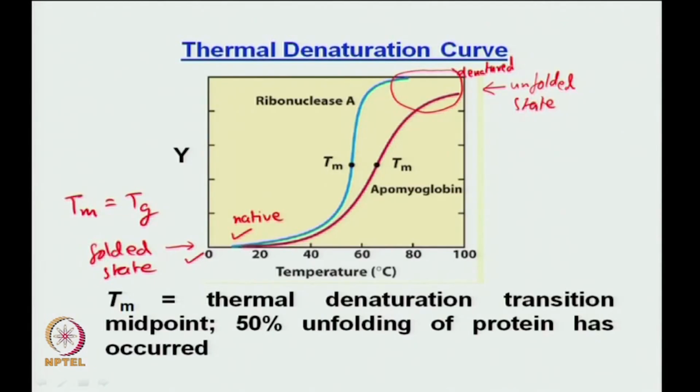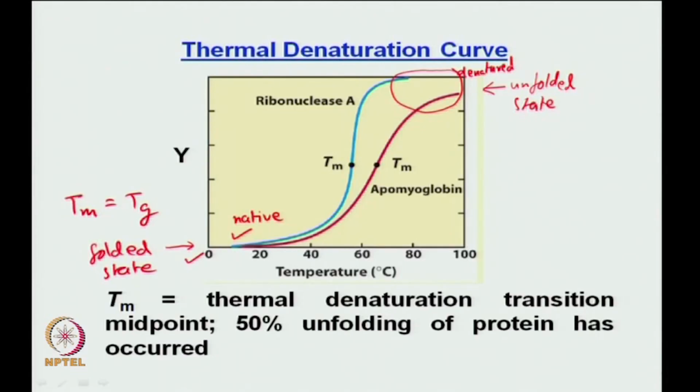Thermal transition means a transition which is affected by change in temperature, and that transition is from what? The native or stable state of a protein to the unfolded state of the protein, because you are supplying huge amounts of energy and you are breaking the stabilizing forces within the protein itself.